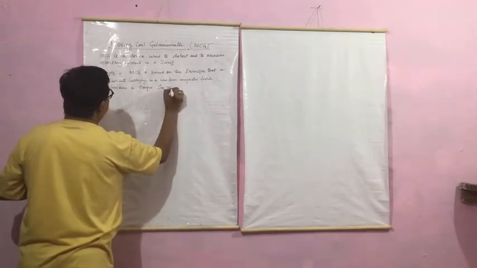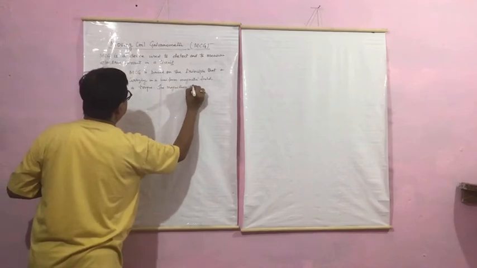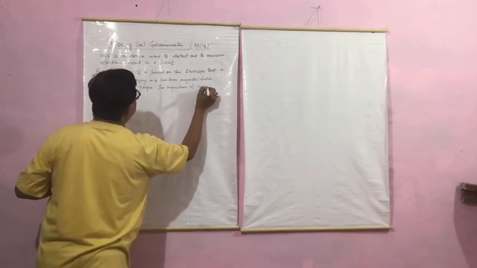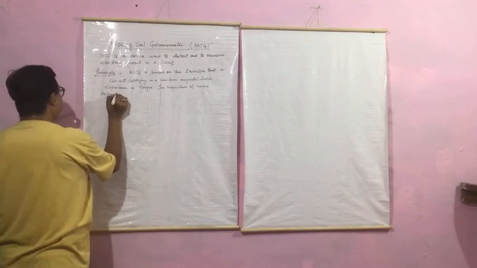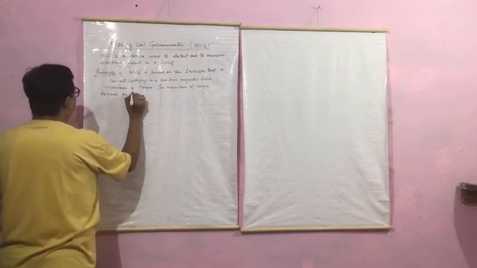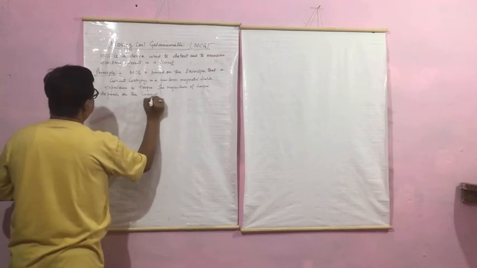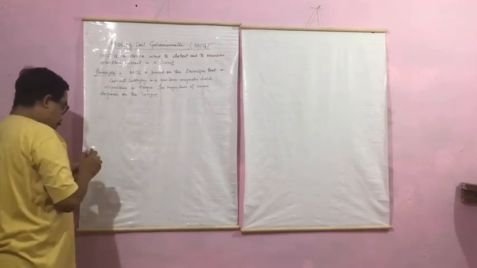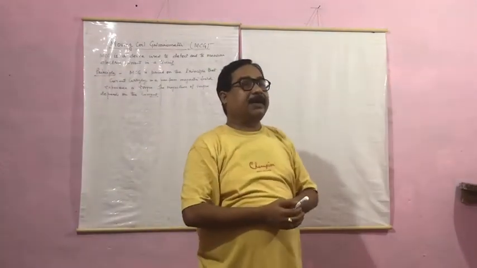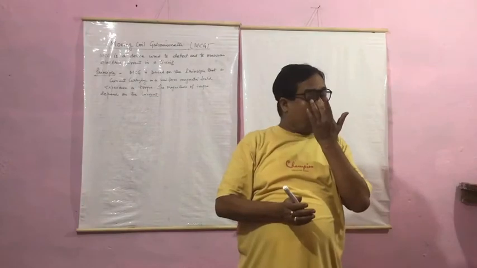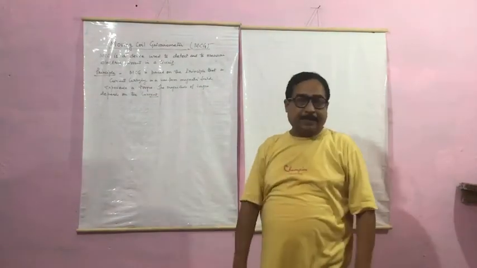The magnitude of torque depends on the current. So the torque can be used to measure current in the circuit because torque depends on current. Okay, so this is the principle behind it.